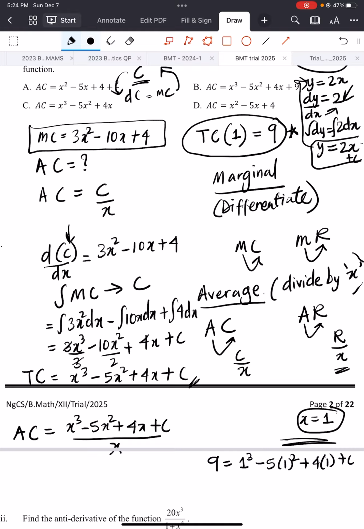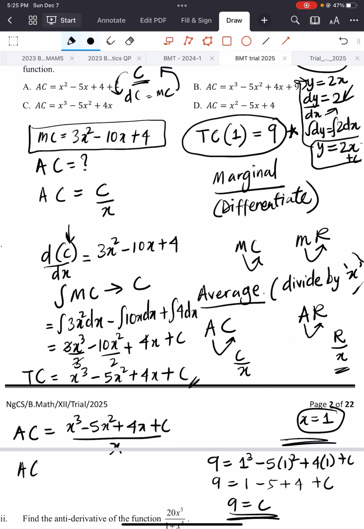So to find the c value: 1 minus 5 plus 4 plus c. Keep c here. 1 minus 5 is negative 4, plus 4 is 0. So the value of c is 9.